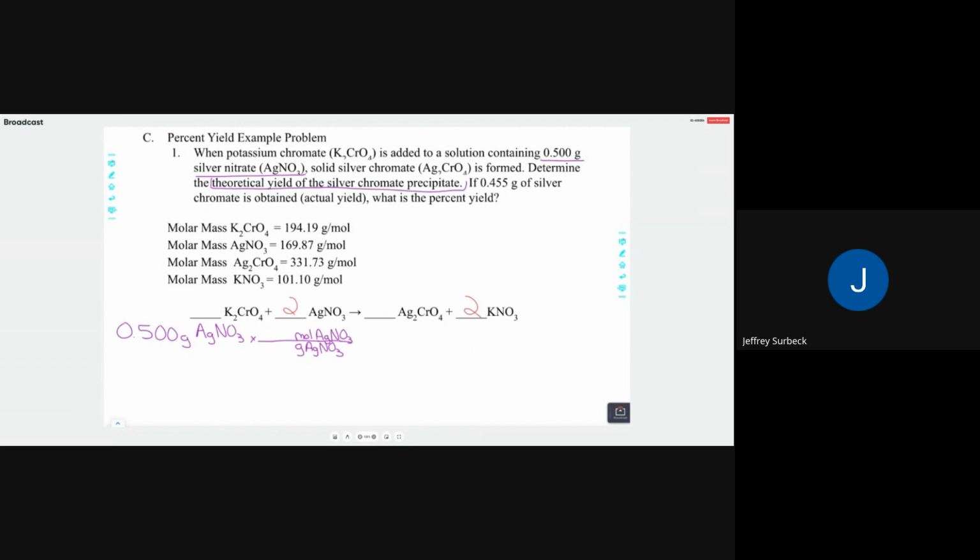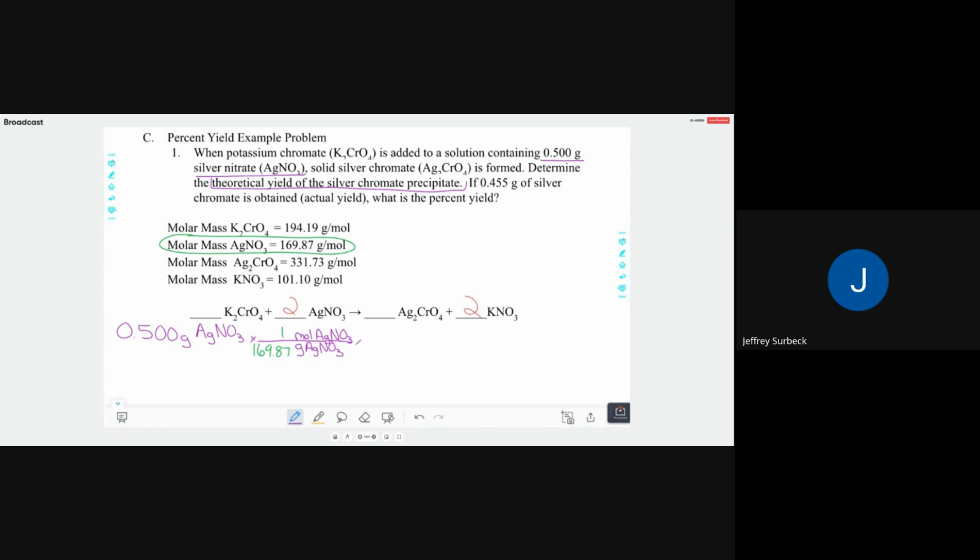The molar mass of our silver nitrate, if we look back here, is 169.87. In this case, is it going to go on top or bottom? Bottom, because big number with G for gram, so we have 169.87 to 1 mole, and we keep going on with our conversion.